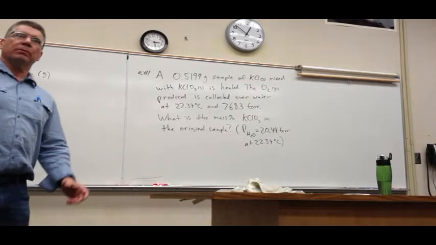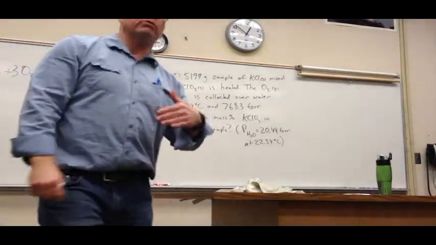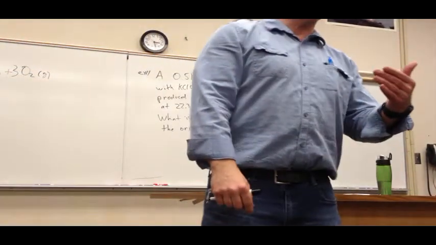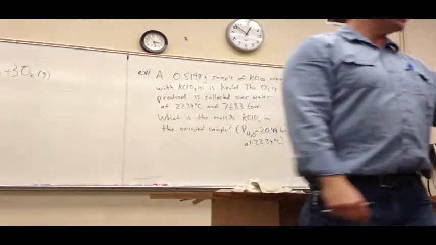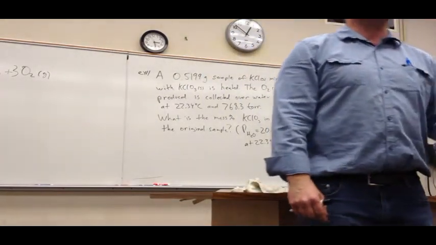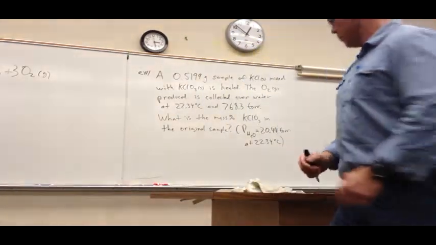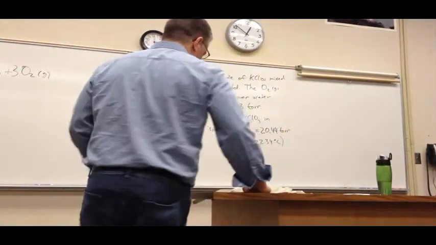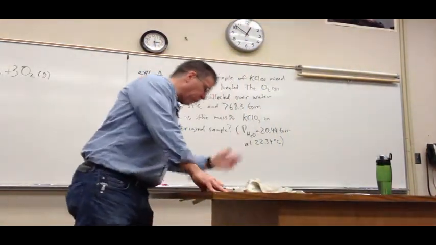So we have this mixture, we heat it up. Nothing happens to the potassium chloride that's in the mixture, but the potassium chlorate, we assume it all decomposes, makes oxygen gas. We collect that oxygen gas. There's a picture of what the experiment might look like on page 447 of your textbook.